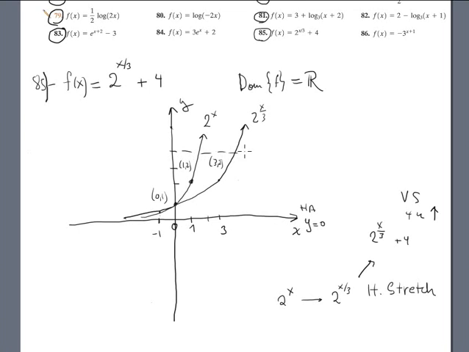This is a new asymptote, y equals 4. And this point (3, 2) would be (3, 6).